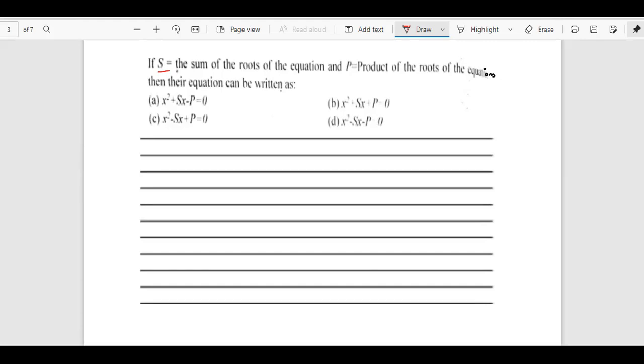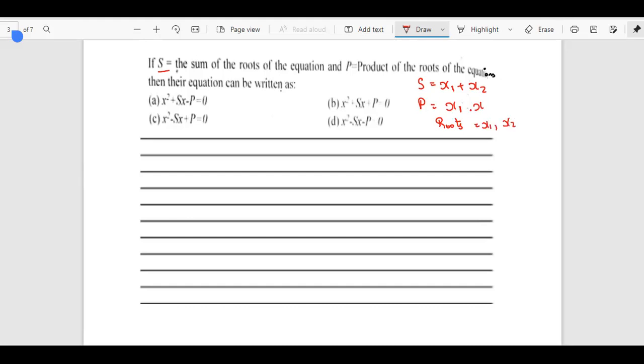This means that S is x1 plus x2. We're talking about quadratic equations, so we will have two roots, x1 and x2. So the sum is x1 plus x2 and the product is x1 into x2. Obviously, I'm considering that my roots are x1 and x2.